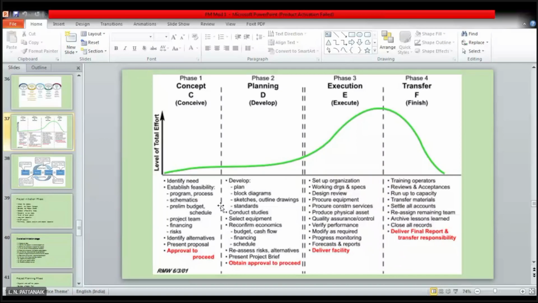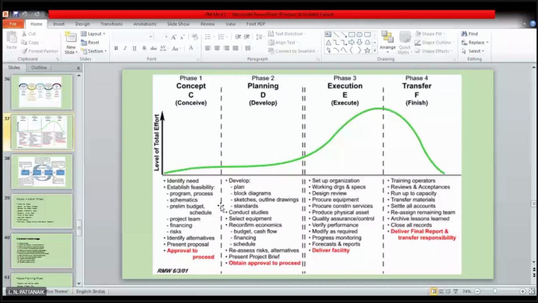Feasible in various aspects like technical aspect, financial aspect, commercial aspect, marketing aspect. Because the kind of projects you are discussing here are for commercial purposes, not for any charity purpose. So whether it is commercial, means whether there will be some buyers for that.